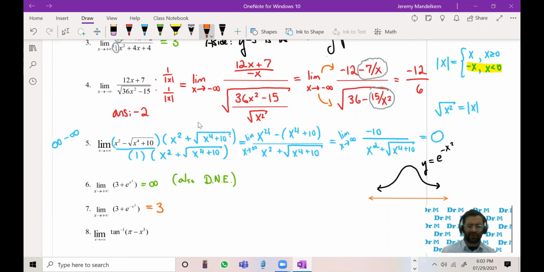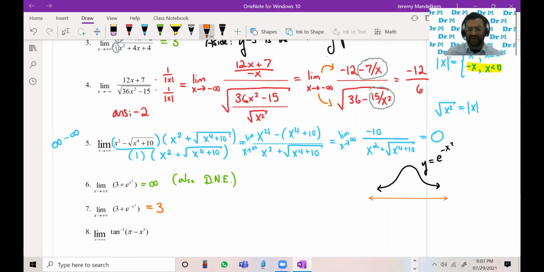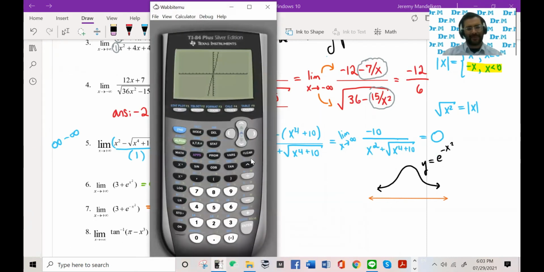And our final function to study, maybe we'll use a graphing calculator to assist us. So we want to graph the inverse tangent function to get a look at what the tan inverse of pi minus x cubed might be.